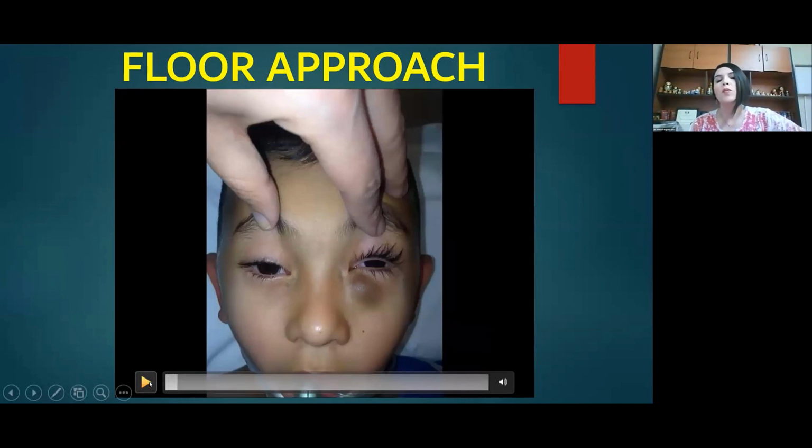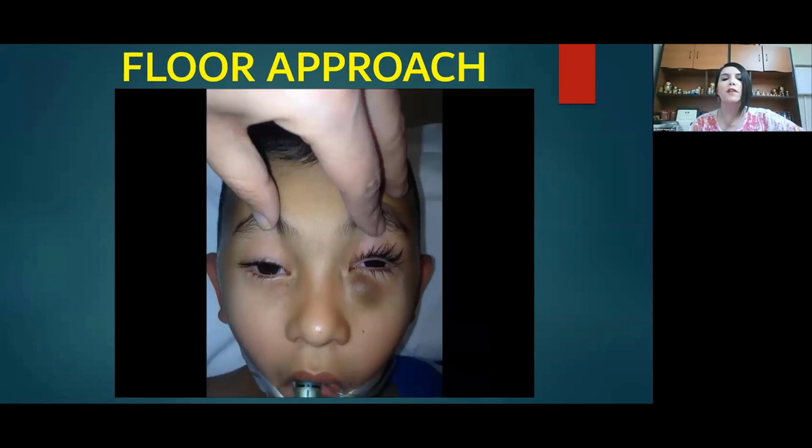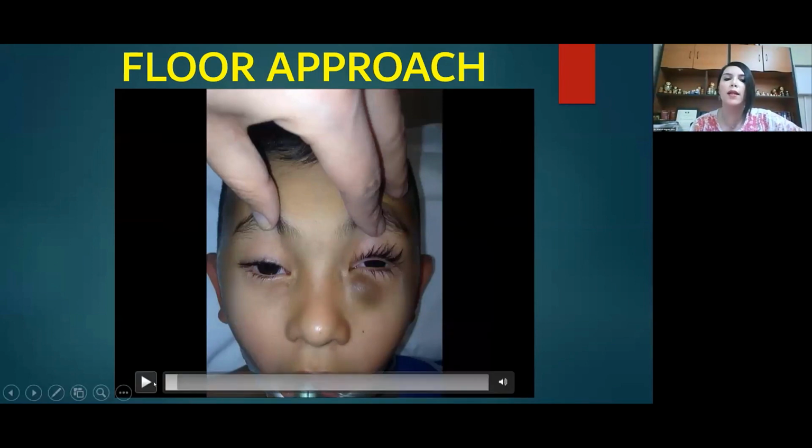The tumor is in the inferior eyelid. It has a violet color, and it is bigger when he makes efforts. So now we have another probably vascular tumor.